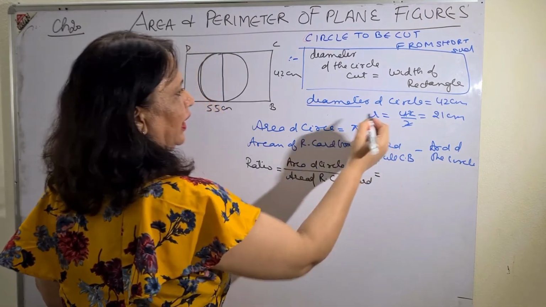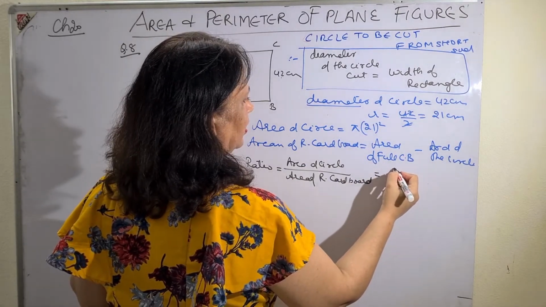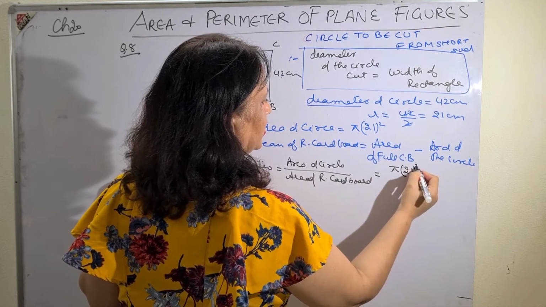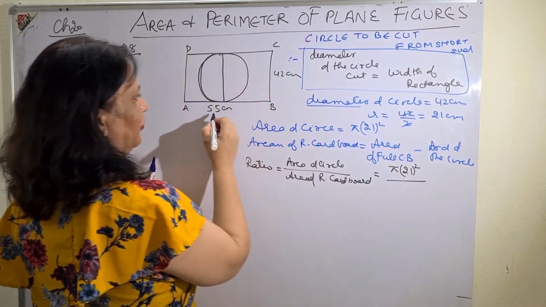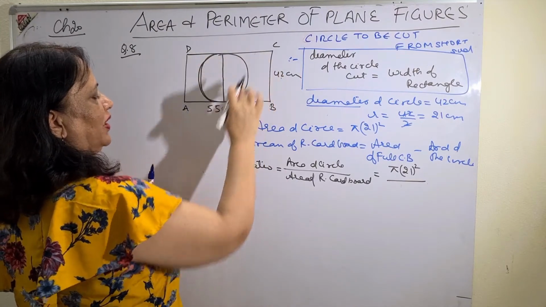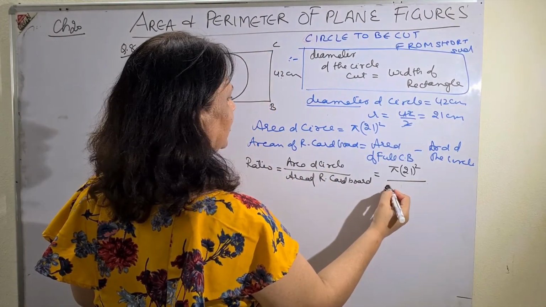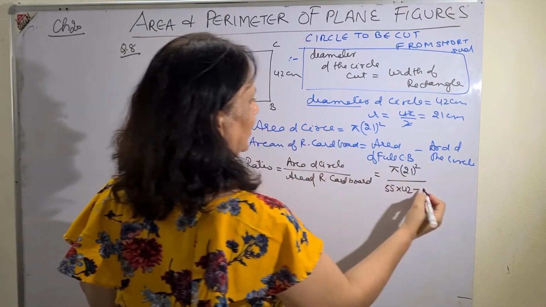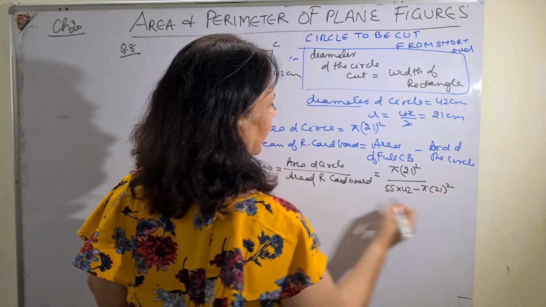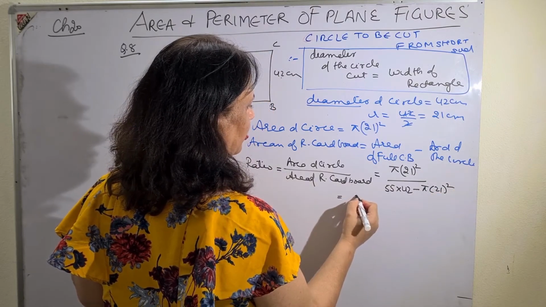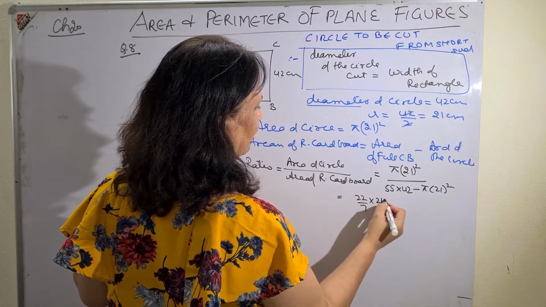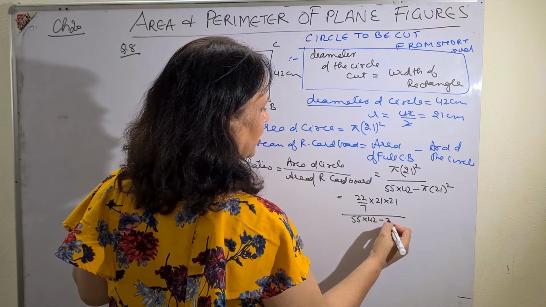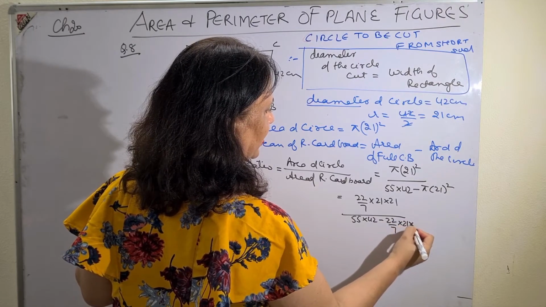This is the question. Area of the circle, pi r square, that is pi 21 square, divided by the area of the full cardboard. Since it is in the form of a rectangle, length into breadth, that is 55 into 42, minus the area of the circle, that is again pi 21 square. So you can calculate it now: 22 upon 7 into 21 into 21 over 55 into 42 minus 22 upon 7 into 21 into 21.